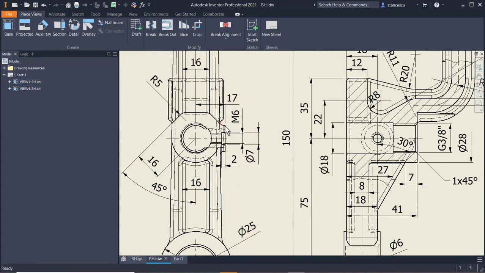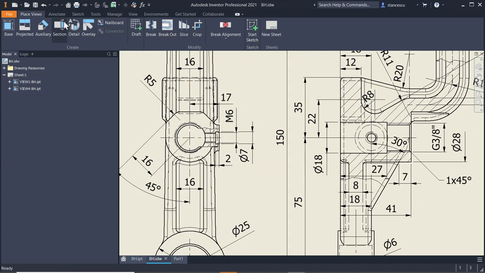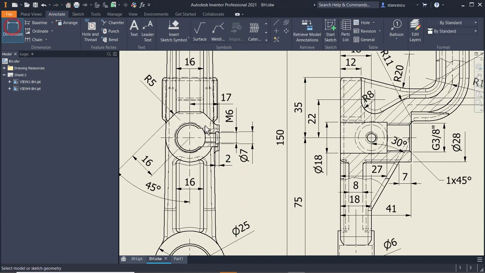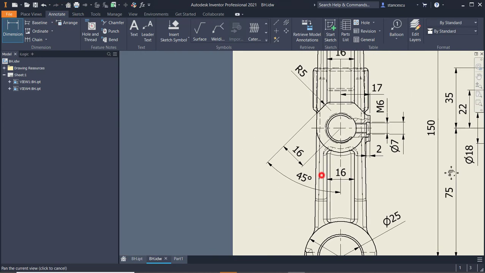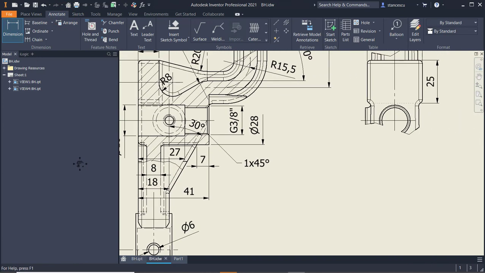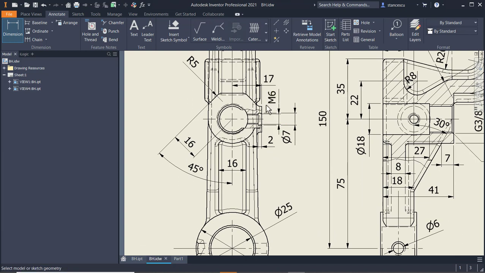Another element is this boss at 17 with a diameter missing from here. I'll place right now dimension, or it is, no, with a diameter of 15.